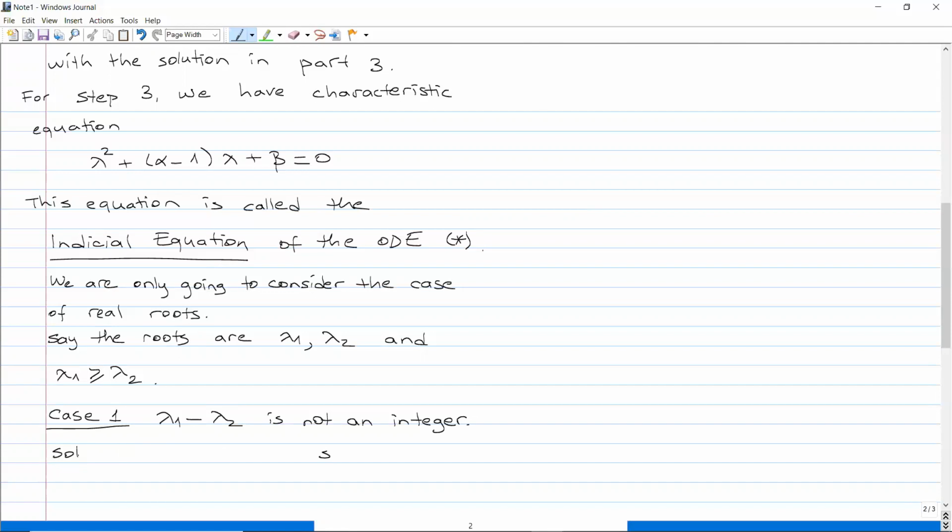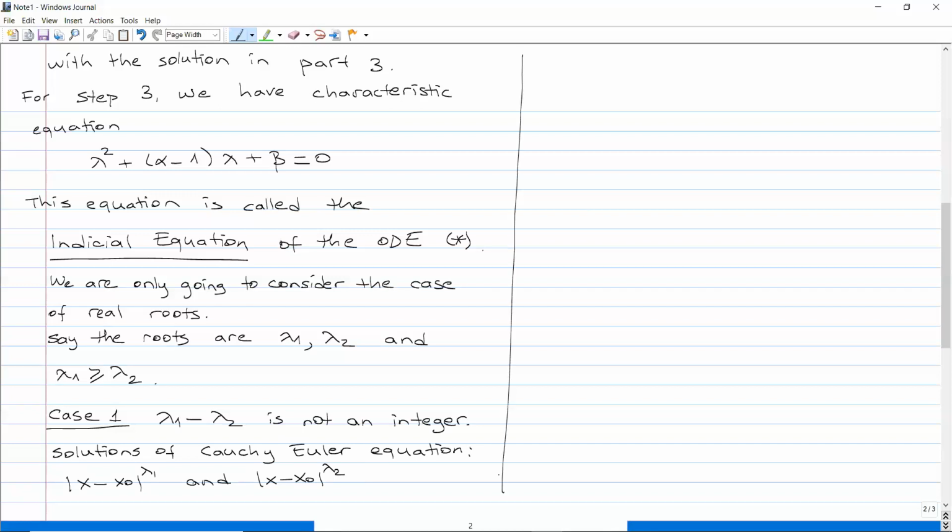So solutions of the Cauchy-Euler equation, I'm not distinguishing whether x is greater than x0 or less than x0, so I'm going to take the absolute value of x minus x0 to the lambda 1 and x minus x0 to the power lambda 2. These are the solutions of the Cauchy-Euler equation.